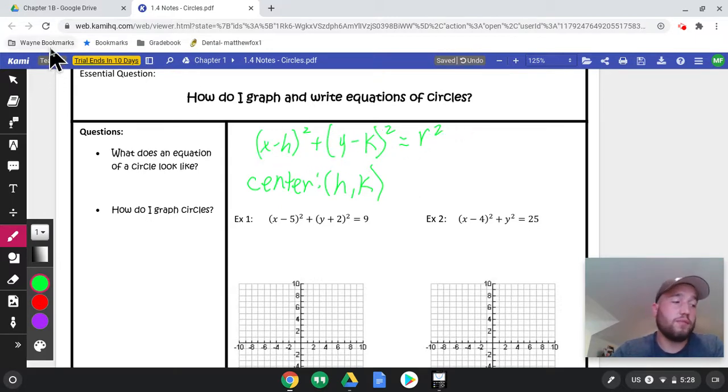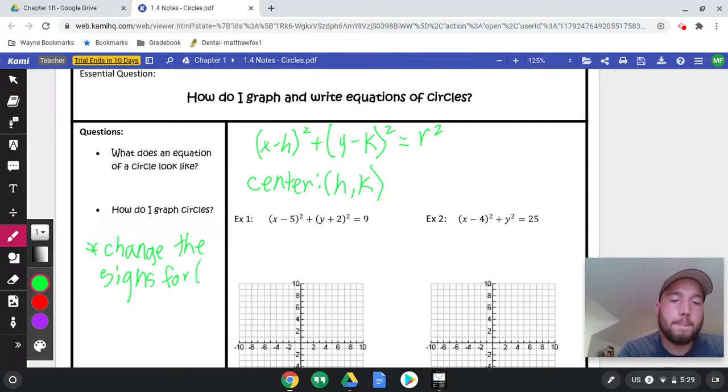Okay, so you might want to make a note that to find your center, you're going to change the signs for h, k. And once again, remember, that doesn't mean that your center is always at positive points. It just means whatever it is, it's the opposite of what it was in the equation.